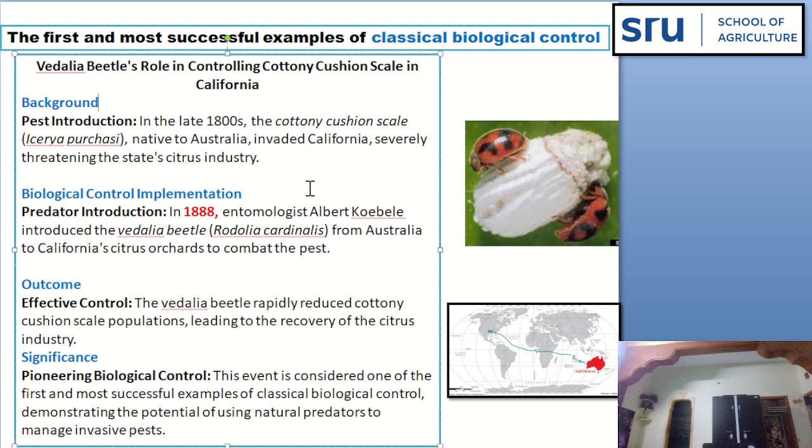Background, pest introduction. In the late 1800s, the cottony cushion scale, native to Australia, was introduced to California, and there it severely threatened the state's citrus industry.